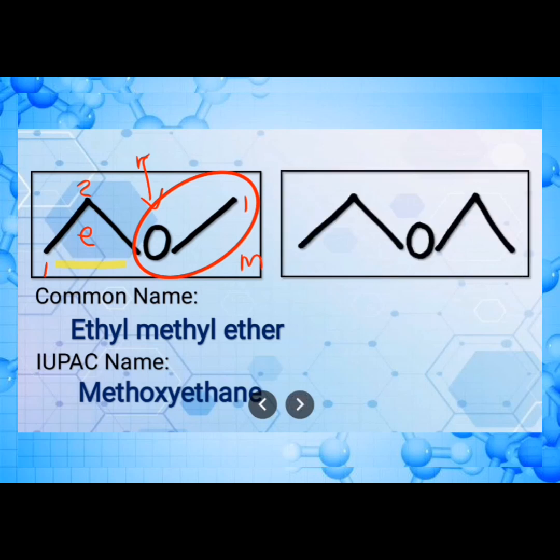So now let's proceed to another example. It is also written in the line angle structural formula. In this example, we count the number of carbons. Again, count the number of carbons, 1, 2, and 1, 2. Since there are two equal numbers of carbons, it refers to a symmetrical ether.